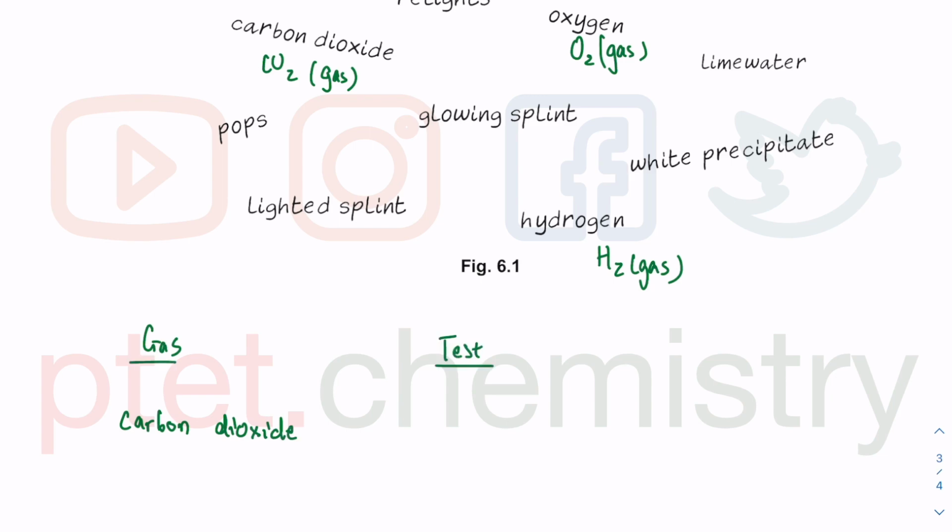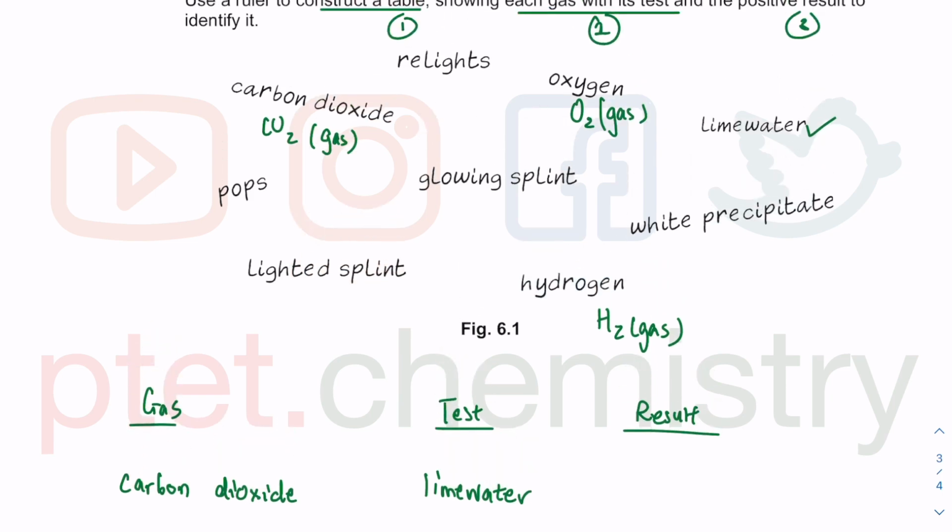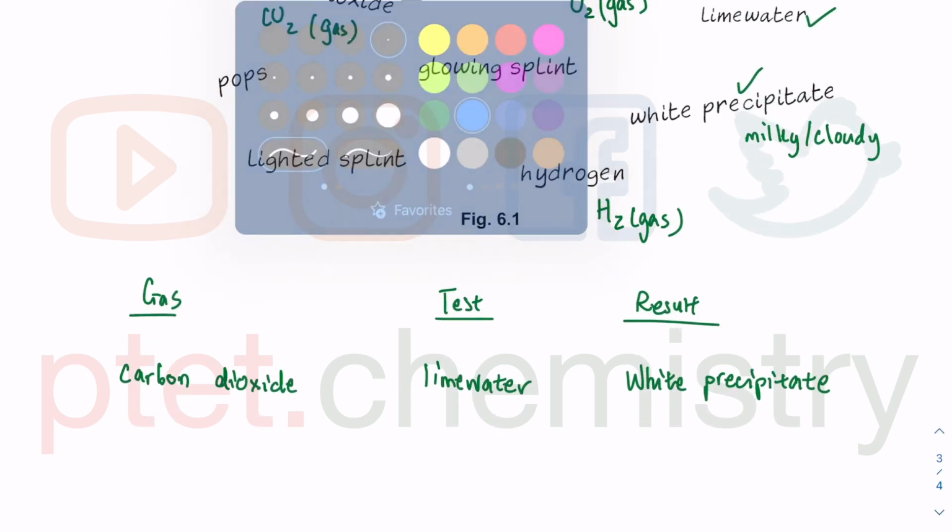The test is just using lime water. And what happened to the lime water? The lime water will turn milky, a white precipitate. That means the lime water turns milky, the lime water turns cloudy. That one was part of the experimental tutorial, which you would have seen in the playlist as well.